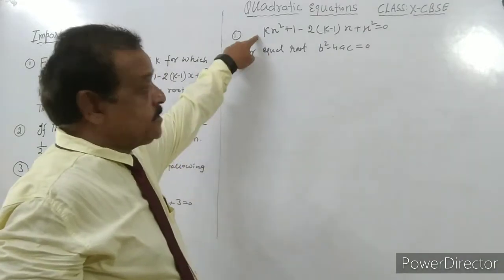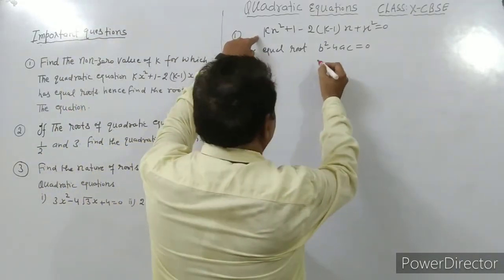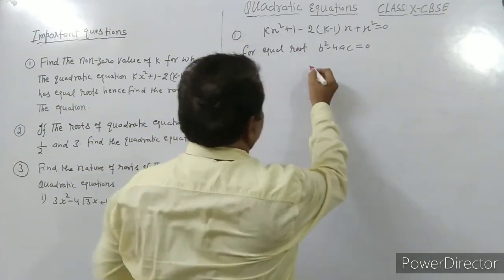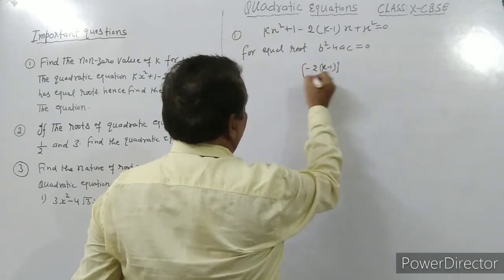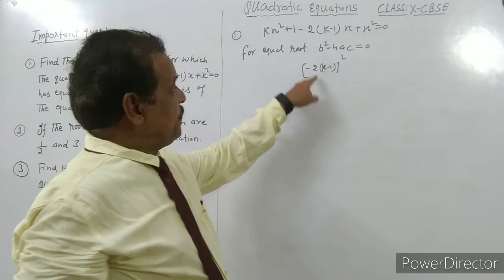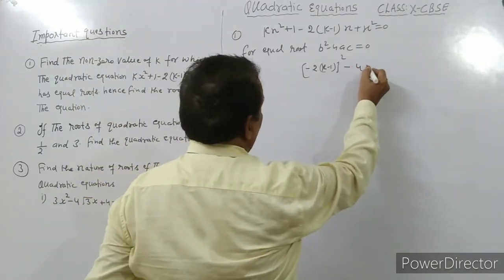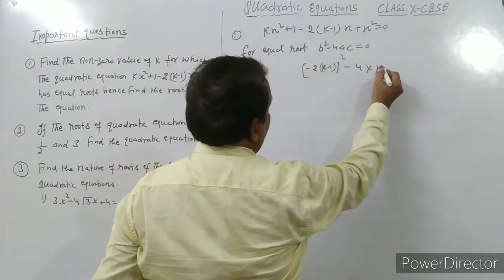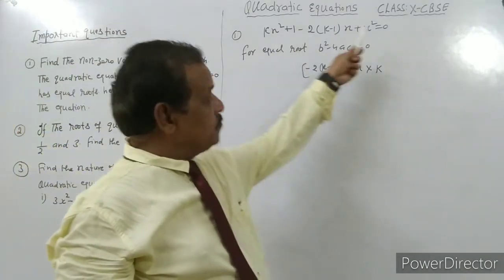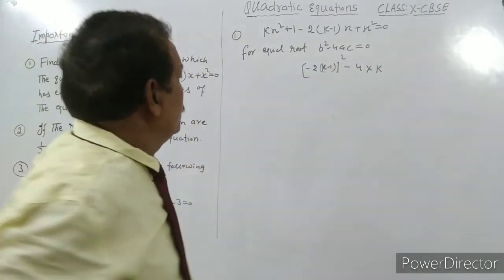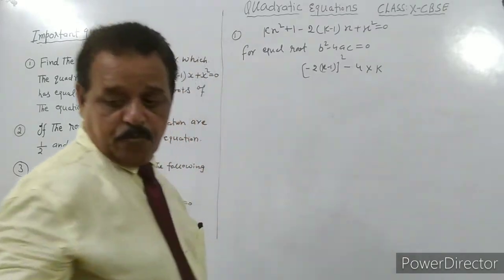Here a is k, the coefficient of x square, and b is minus 2k minus 1. But first of all we have to make the standard form of this equation, because this is not in the standard form.